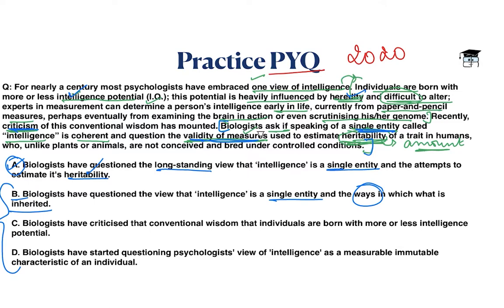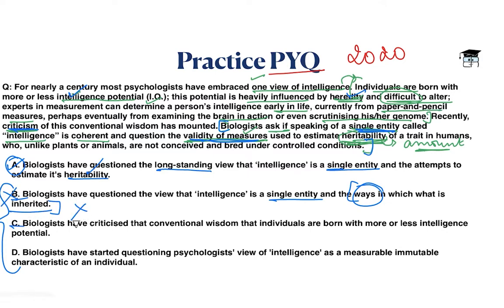They're not questioning how the gene is transferred, they are questioning the measures that estimate how the gene is transferred. There is a difference, right? So the second half of this statement is wrong, so this cannot be my summary, right?